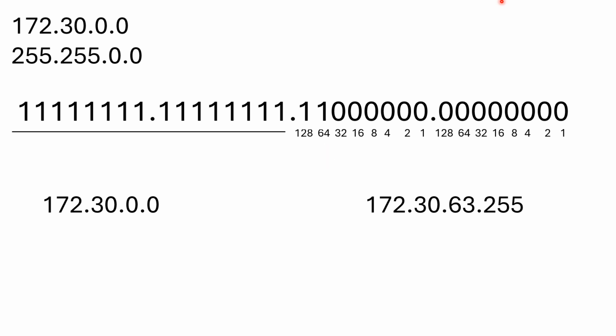This simply means that each of these networks will be in the block of 64. That is, the first network will be from 172.30.0.0 to 172.30.63.255, because this is a block of 64.